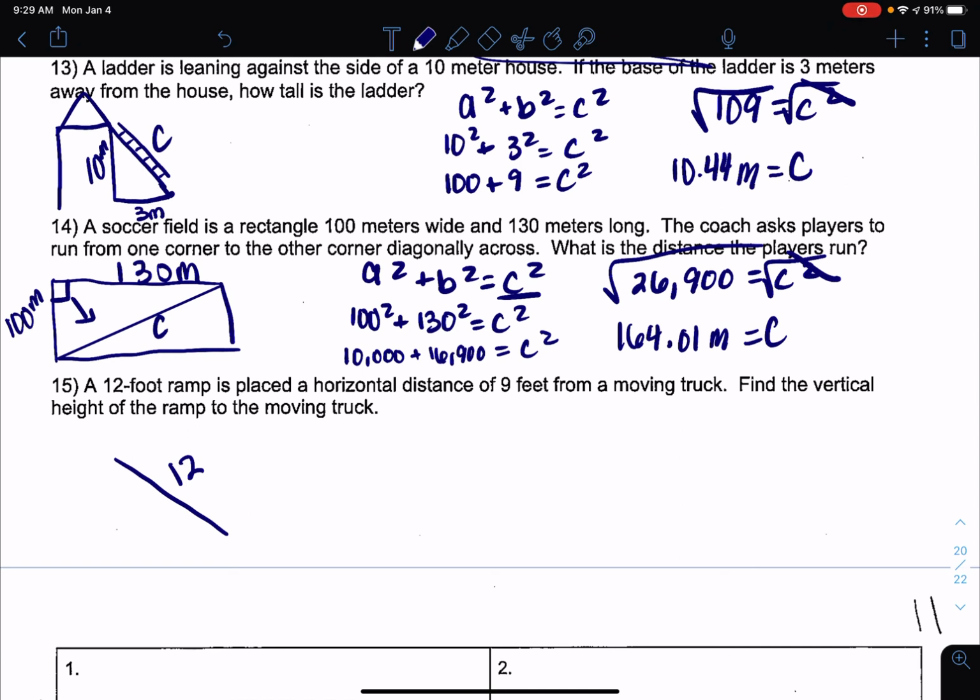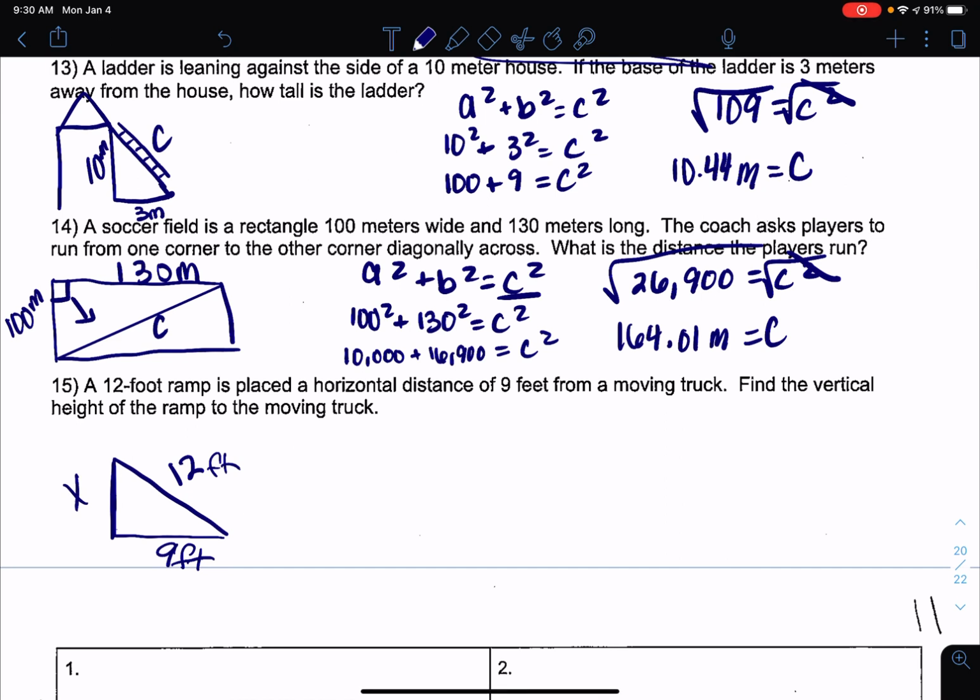Okay, which is our hypotenuse, and then it says it is placed at a horizontal distance from the moving truck. So if we're thinking about horizontal, that's going to be our base, which is 9. So I have 12 feet and 9 feet. Now it says find the vertical height right here of the ramp to the moving truck.